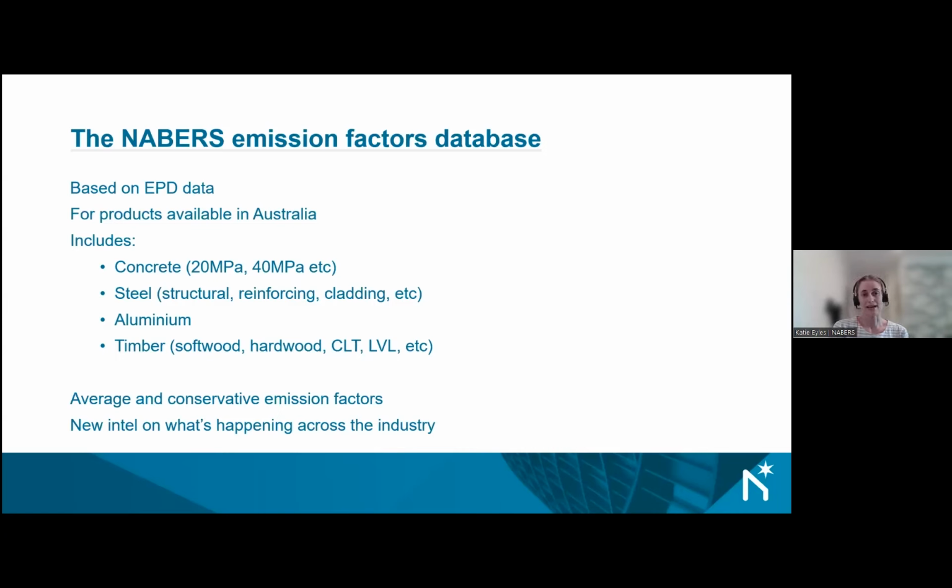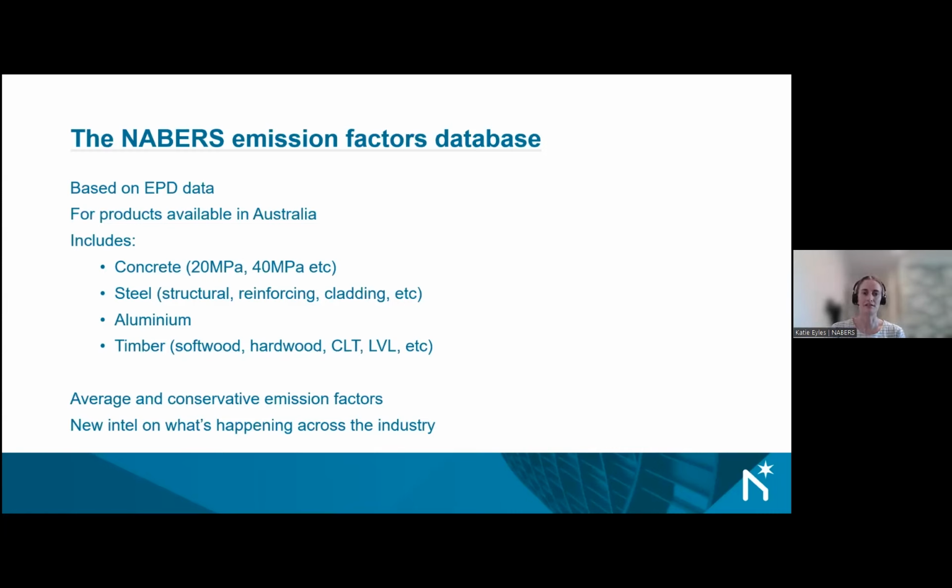The reason for having both average and conservative: the average figure will be useful for project teams in the earlier design phases of a building, when they're playing around and looking at what might be possible if they used products that have EPDs or verified product-specific data.